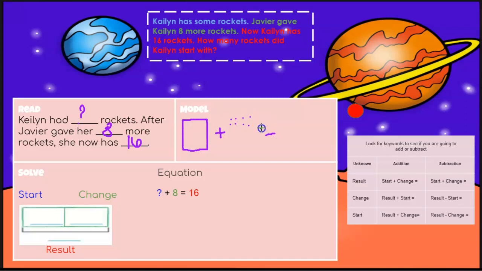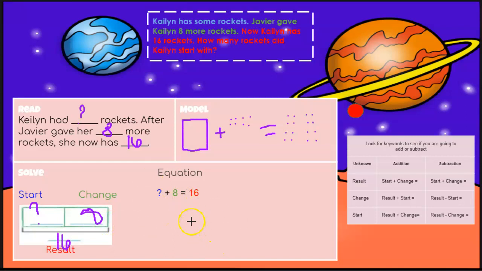And now we have a total of 16: 1, 2, 3, 4, 5, 6, 7, 8, 9, 10, 11, 12, 13, 14, 15, 16. Okay. So our start is unknown. The change was that they gave us 8 more, and now we have a total of 16.